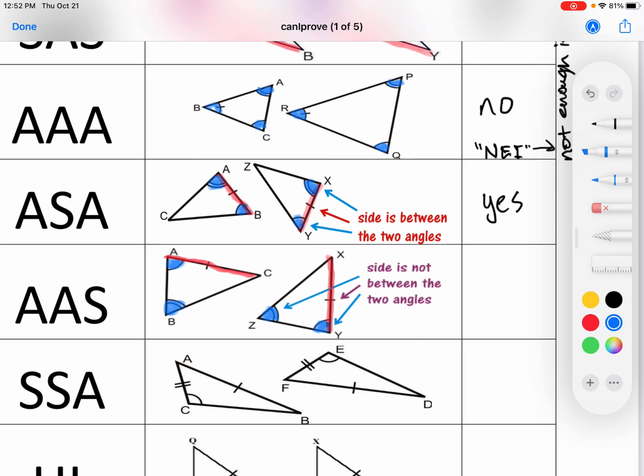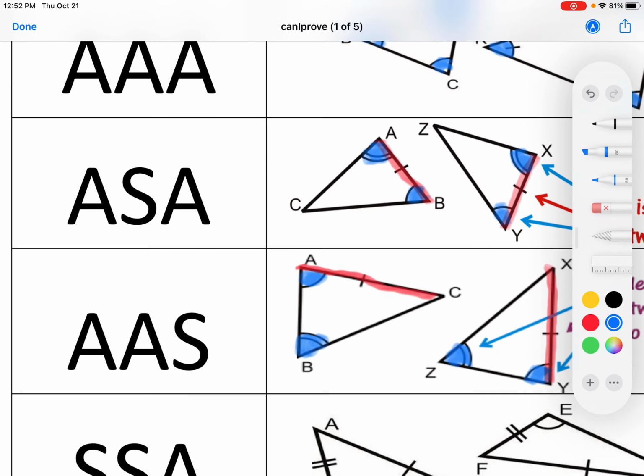So it matters. This is kind of like your corresponding parts of polygons. The order that those letters are printed off, that matters. Even though you have two angles and one side in both of these right here, you have to remember which one goes in between.